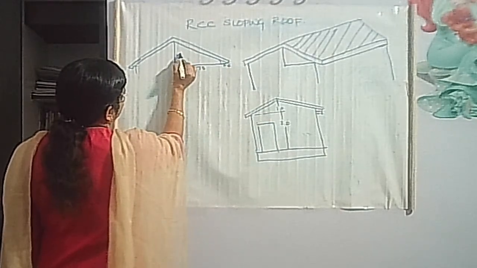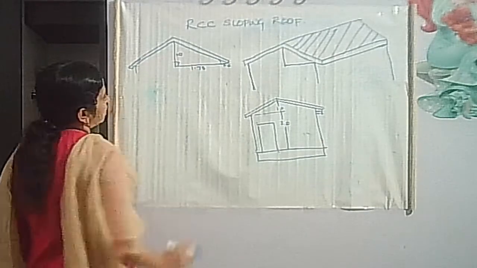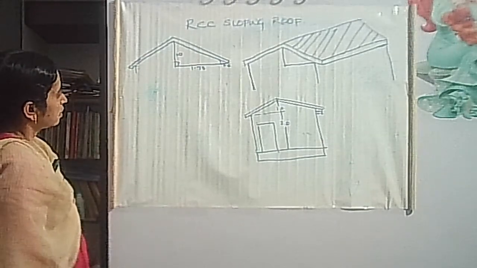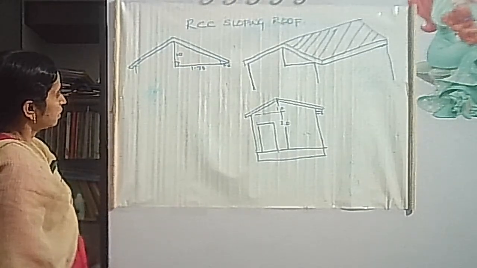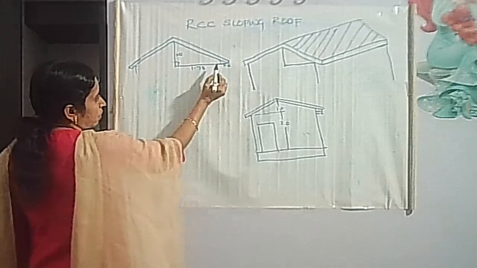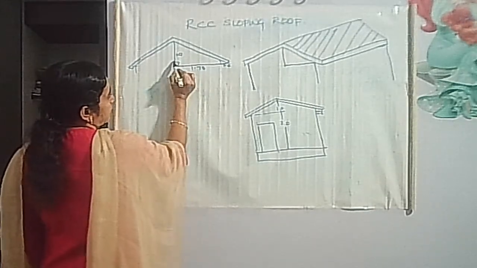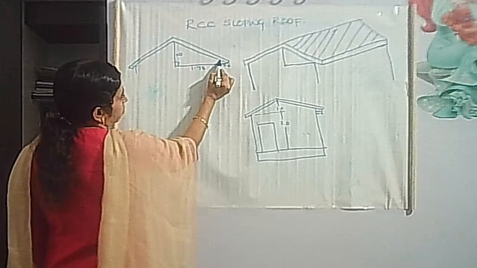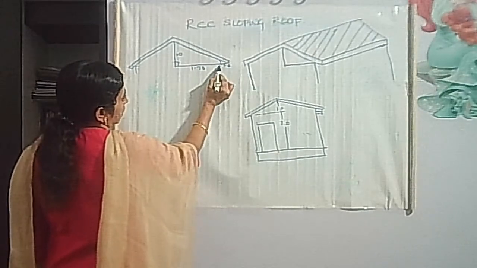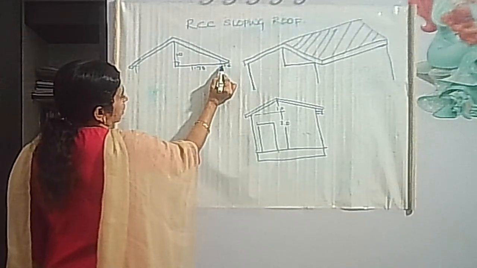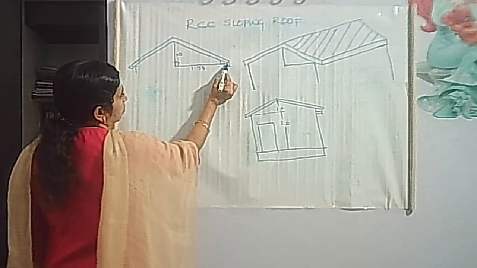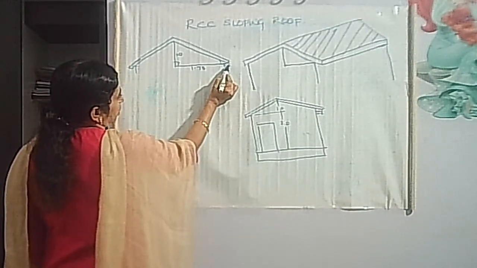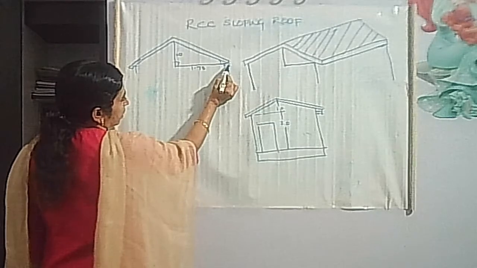Up till here, we do not know this distance. Got it? Your wall is ending here, that is 1.5 plus 0.23, so that is 1.73, and your eaves projection is 0.6.